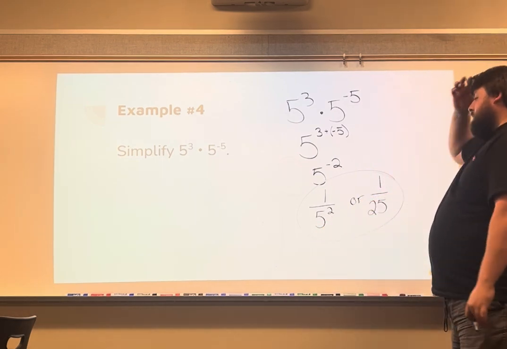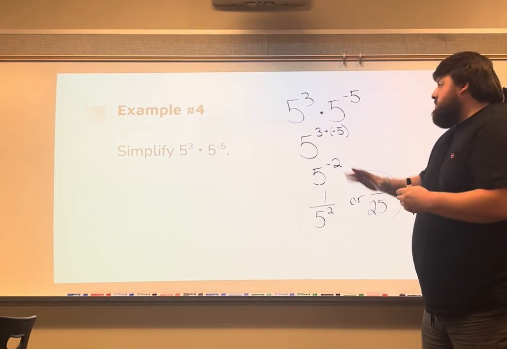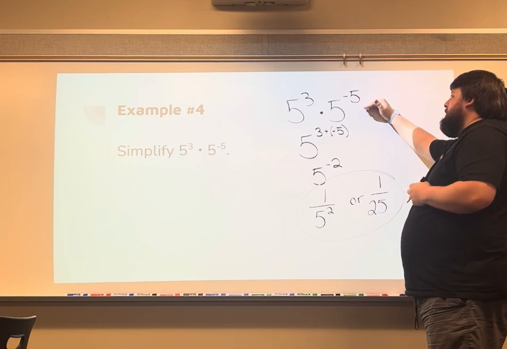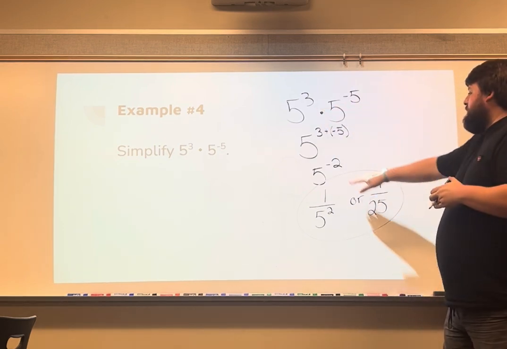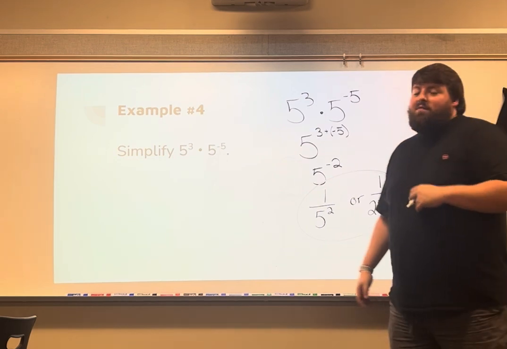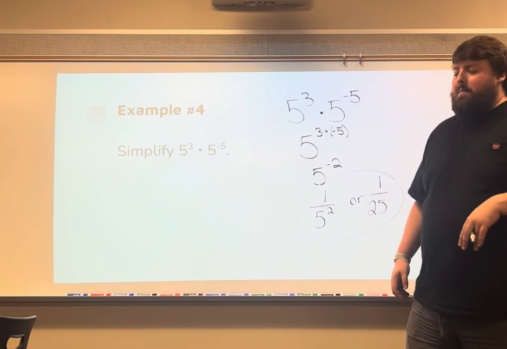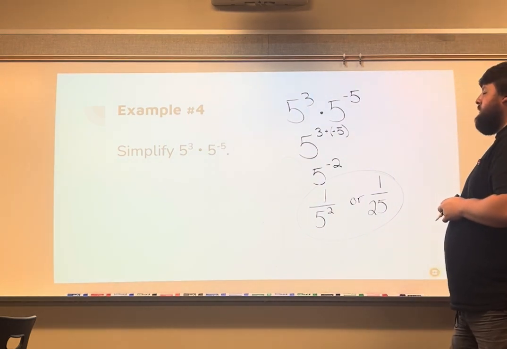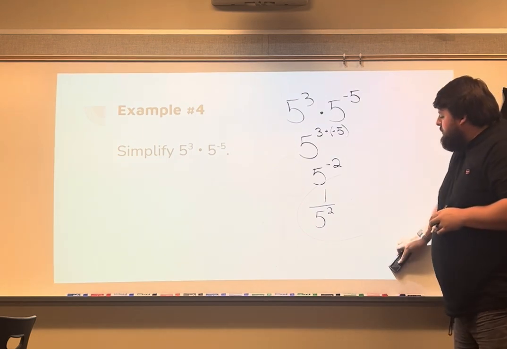As we're going through this, our process hasn't really changed. We took these exponents, added them together, and we just so happen to get a negative. If I get a negative, I need to make it positive, so I put it down in the denominator. So that's example 4.